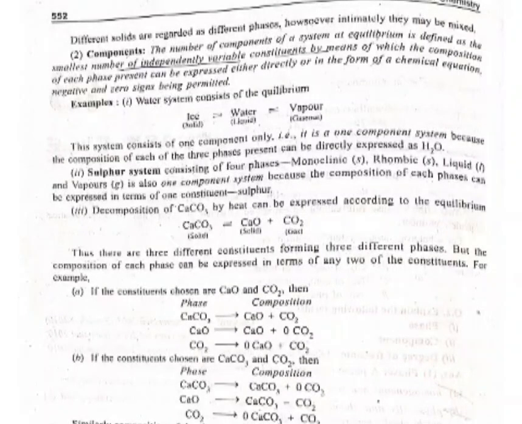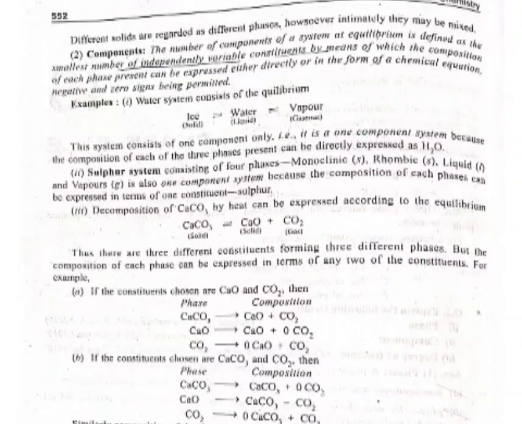Sodium sulfate-water system. Such a system at equilibrium contains a number of phases like Na2SO4·10H2O, Na2SO4·7H2O, Na2SO4 solution, ice, water, and vapor. But the composition of each phase can be expressed chemically in terms of only sodium sulfate, Na2SO4, and water, H2O.